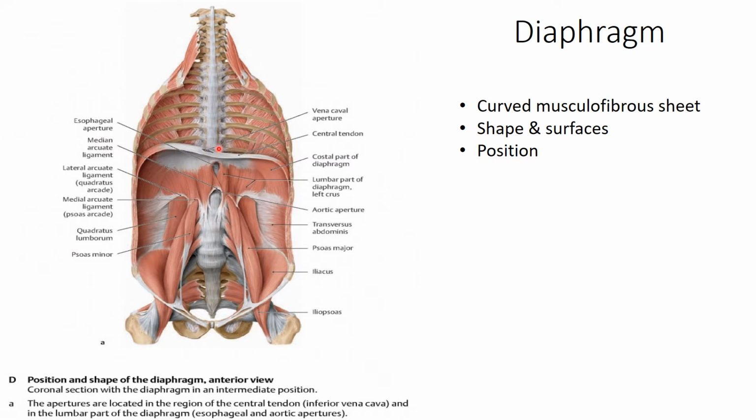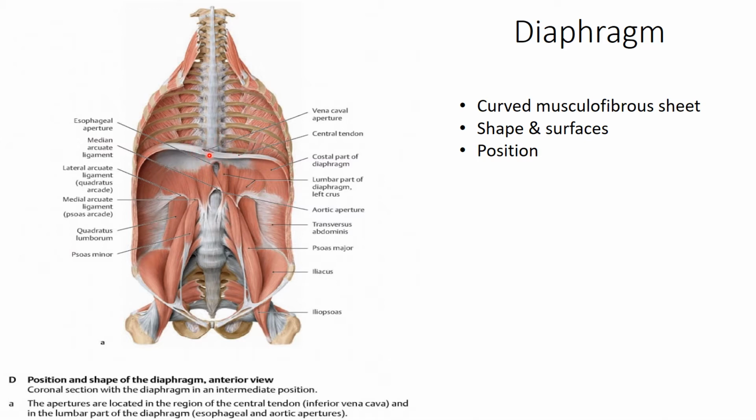It is a curved musculofibrous sheet lying in the interface between the thorax and the abdomen. Now, it has two surfaces: a superior surface, which is the convex one facing the thoracic portion, and the inferior concave surface, which is the abdominal one.